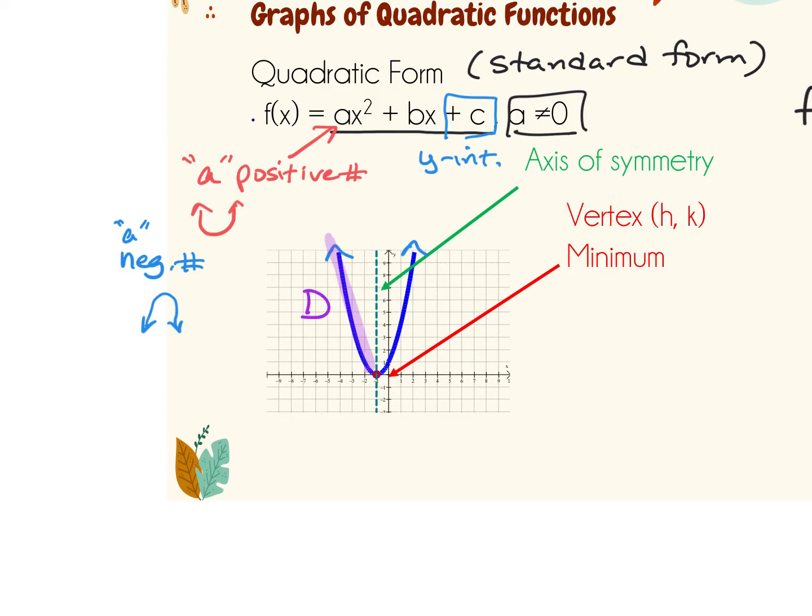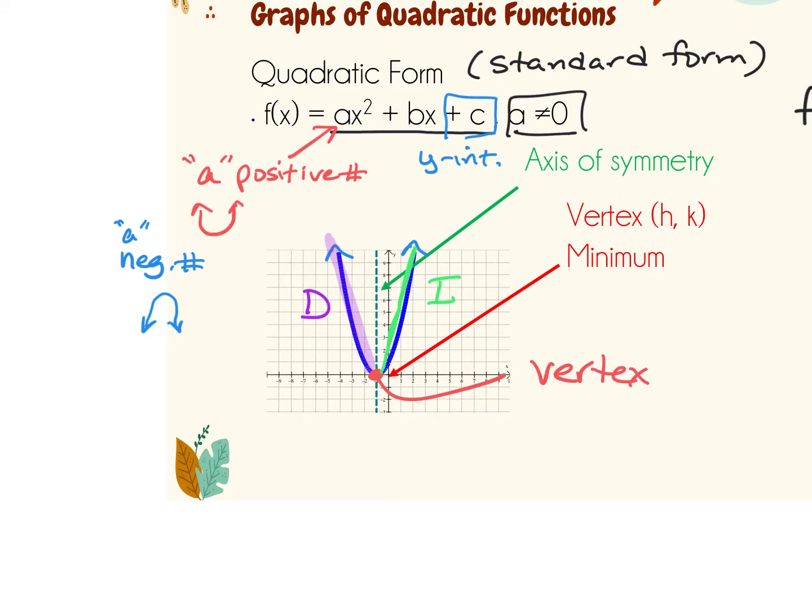And over here is the increasing side, but the point where it changes direction is called the vertex.